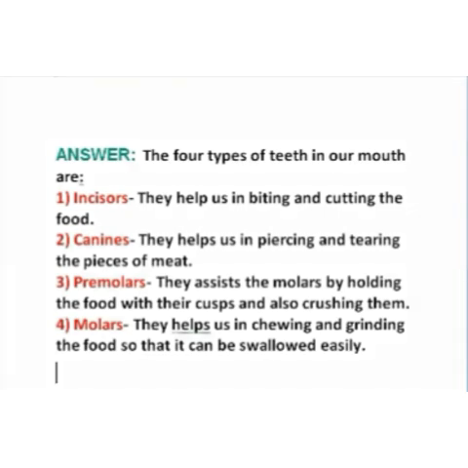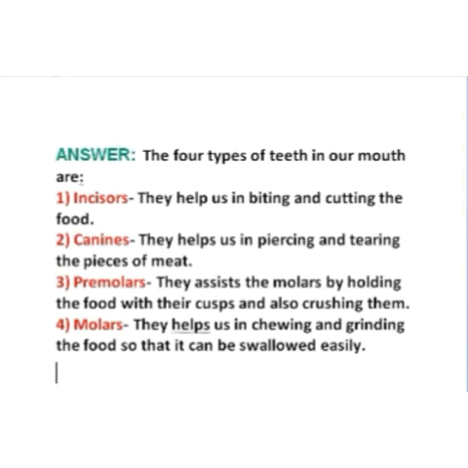The 4 types of teeth in our mouth are incisors, canines, premolars, and molars. The function of incisors is that they help us in biting and cutting the food. We have seen in the video, incisors help us in biting and cutting the food. Second, canines.